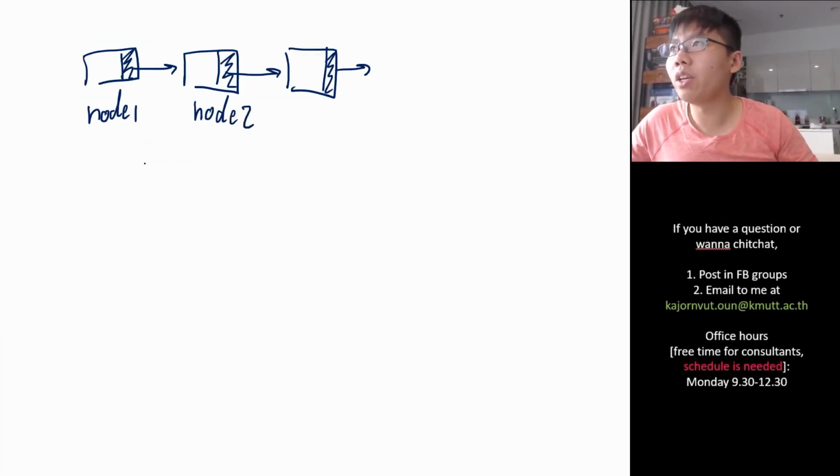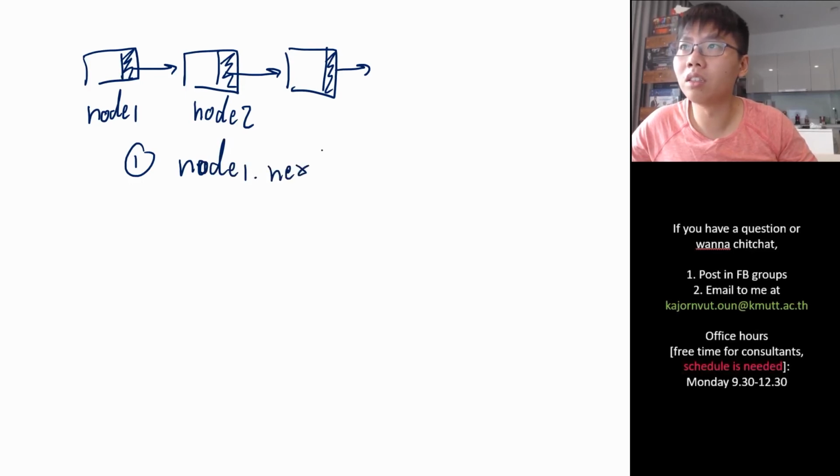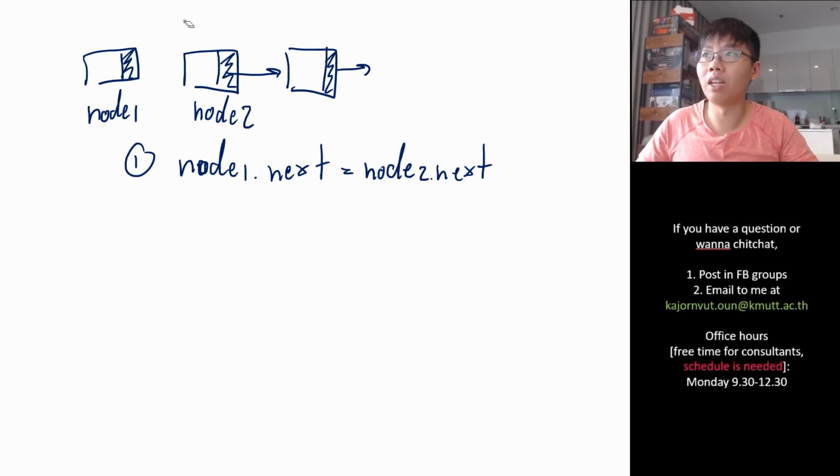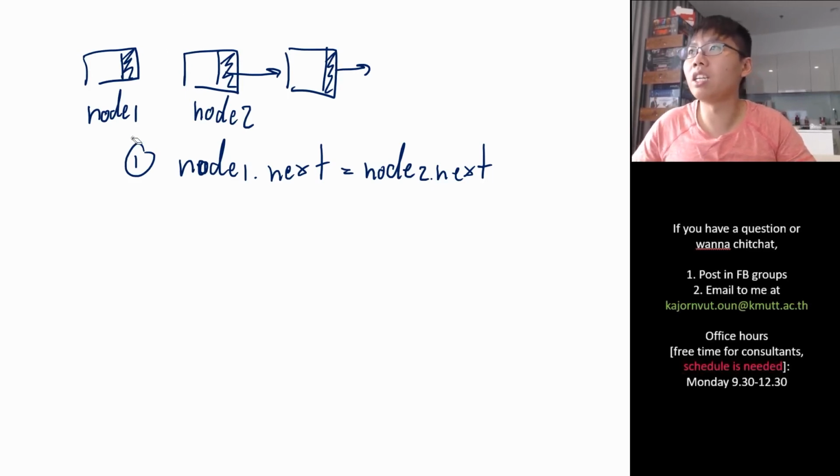What should we do here? Can we do something like this? First we assign node 1.next equal to node 2.next. If we do it this way, it means we cut out here and change this one to connect to the third one.